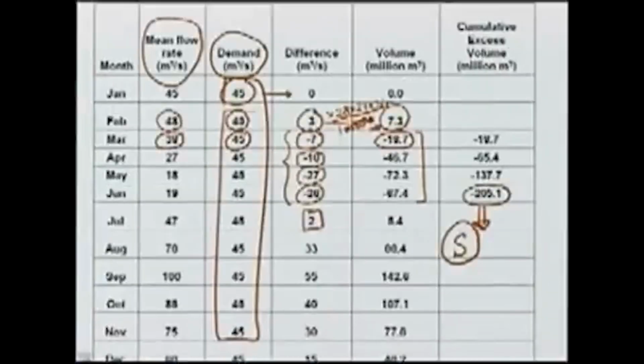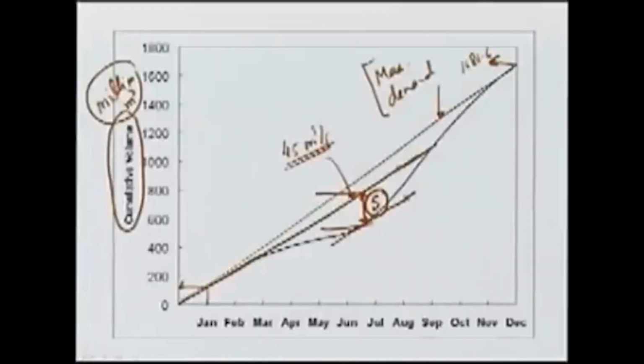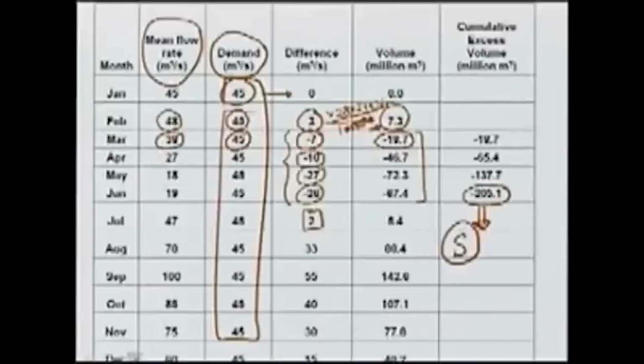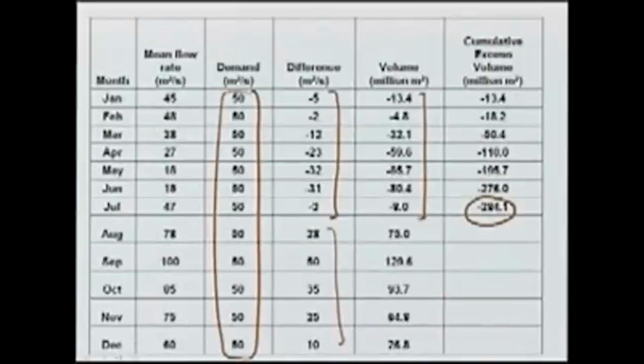In graphical terms, this would simply mean drawing a line at 50 and then parallel to that taking an S, which would in this case turn out to be 284 million cubic meters. So, this procedure gives us the required storage for a given demand.